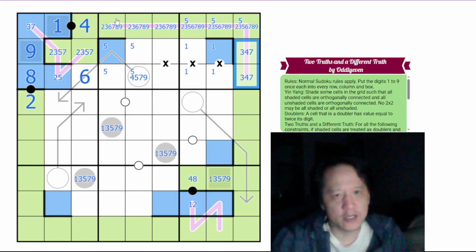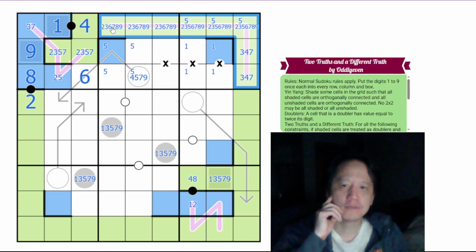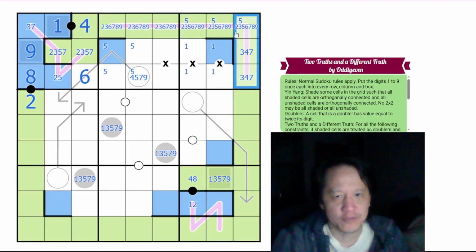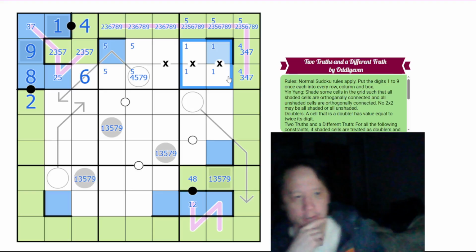Because 4 has to appear somewhere on this Renban, and it can't be here. These are all non-doublers, so they're normal cells. So that means you have to have a 4 normally. So that means 4 is guaranteed to be here. So therefore, this can't be 1 and 4 both doubled.